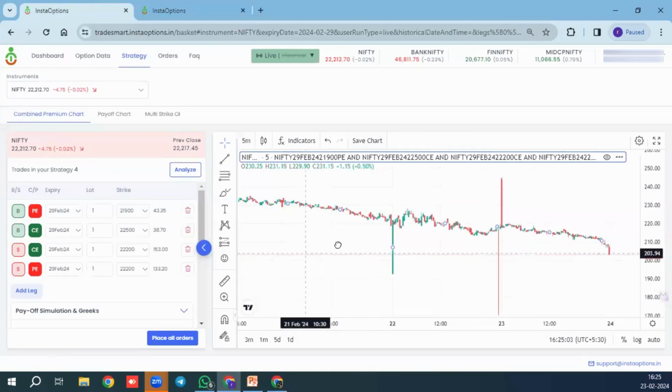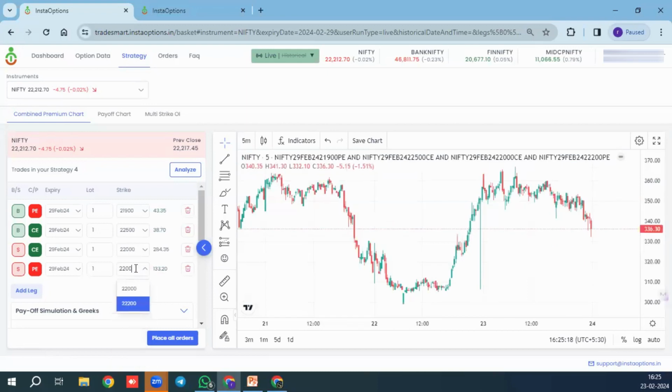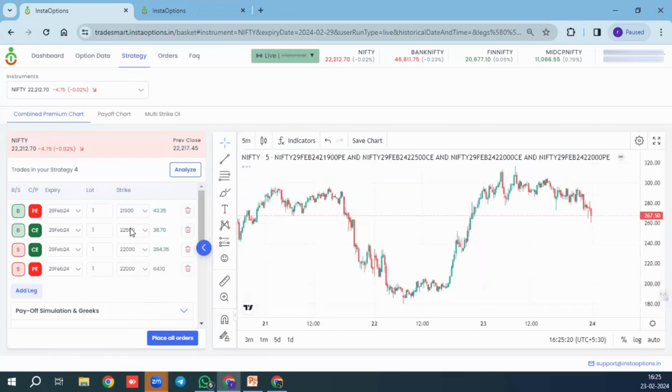Okay, so in this case, yesterday the market was around 21,800, but here I've just directly taken 22,200. So for our clarity, we can keep both at 22,000, and 500 points away, the 21,500 put.